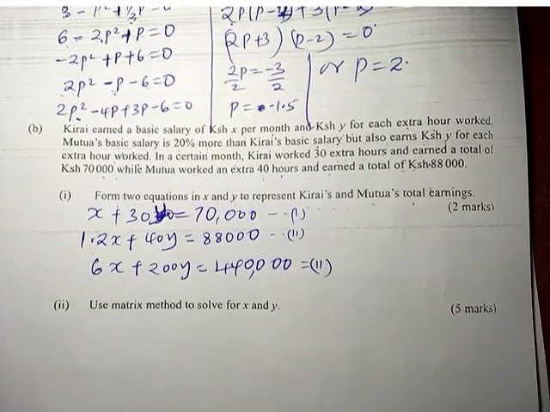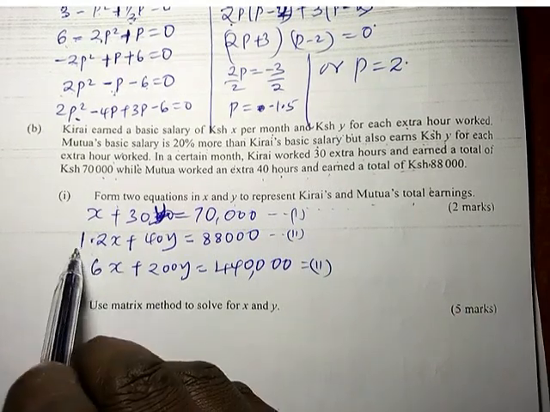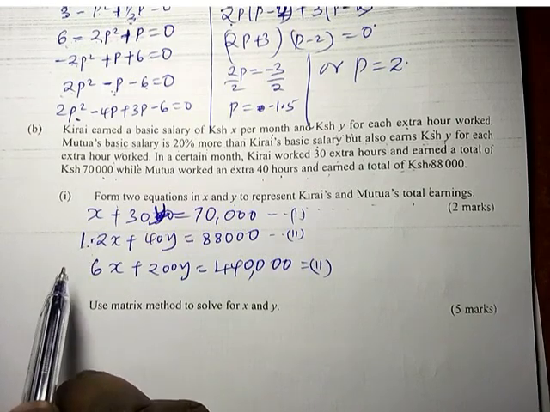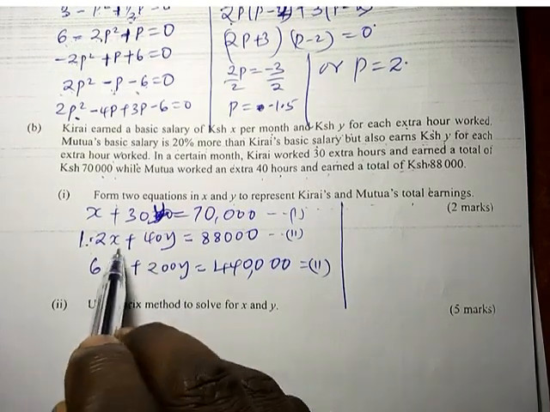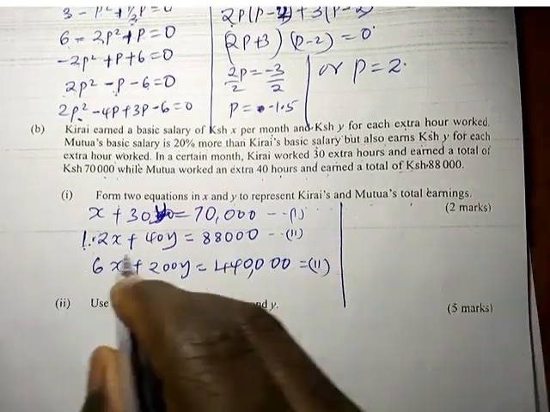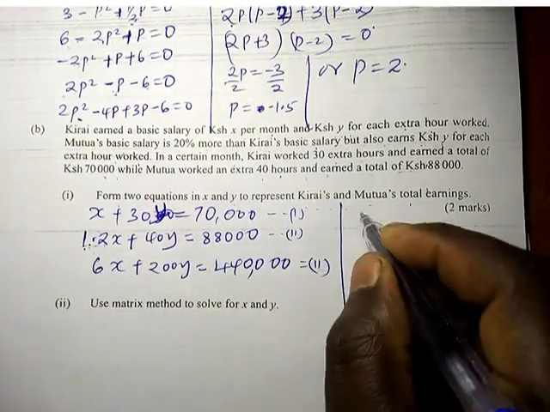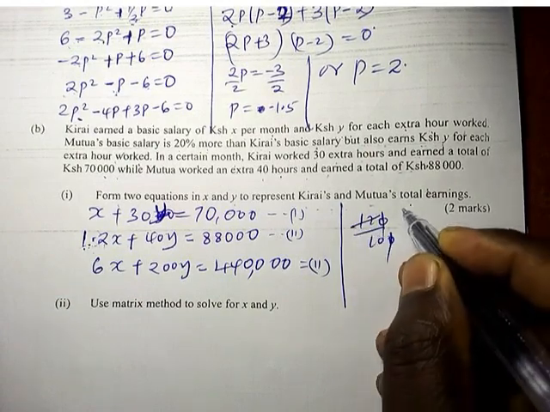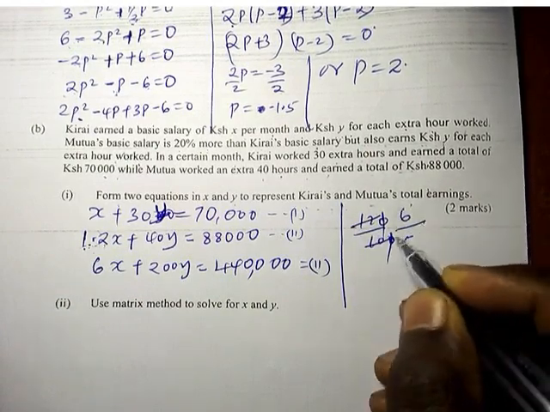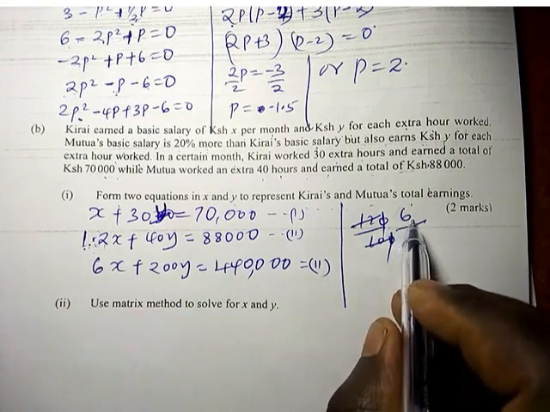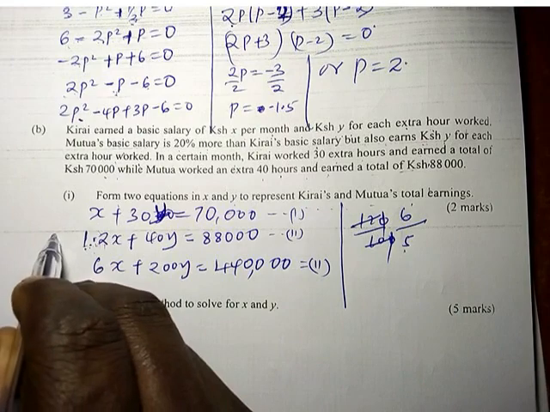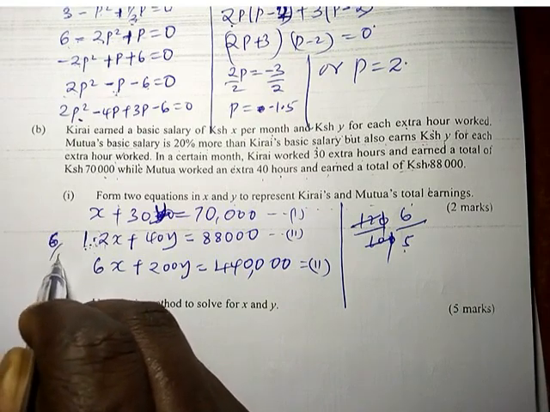So what have I done? I said this was 120, it is 120 over 100. Here 6, here 5, so here we would have a fraction of 5 over 6. So this one is the same as 6 over 5.